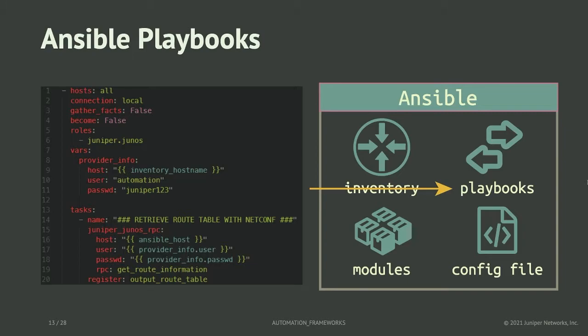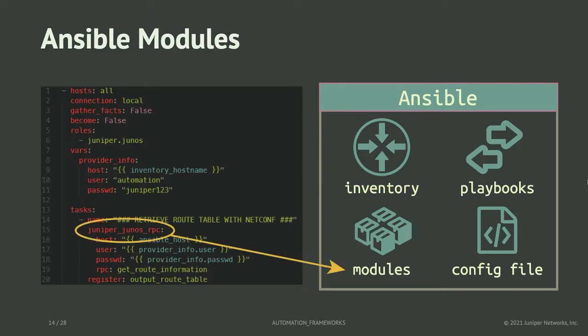We also have the Ansible playbooks. Now, these are also written in YAML, so it's relatively easy to interpret as to what's actually taking place here. And then we have the Ansible modules, which make up the task aspect of what we're trying to accomplish in Ansible. So you can look at these modules.